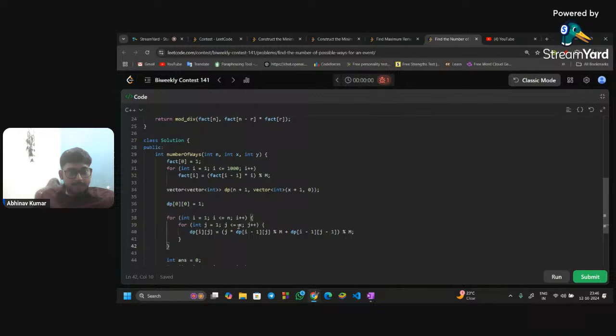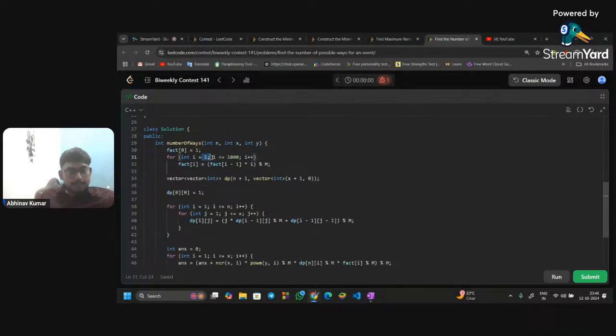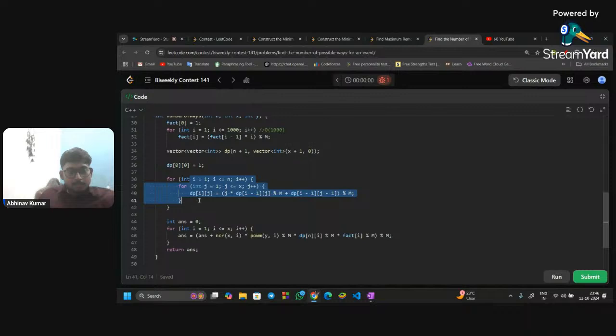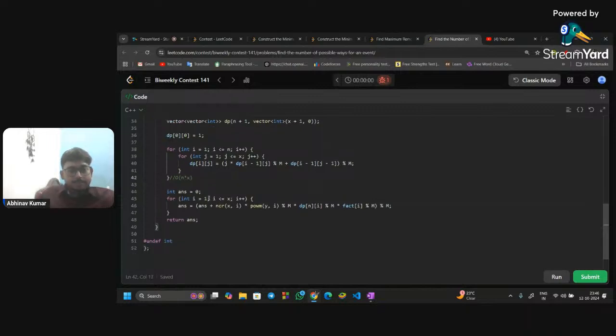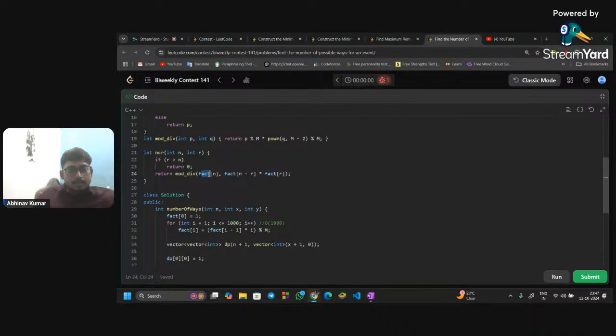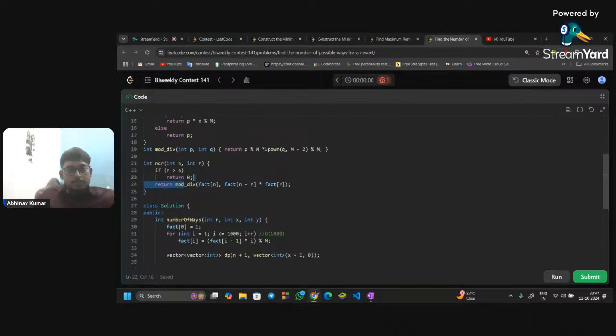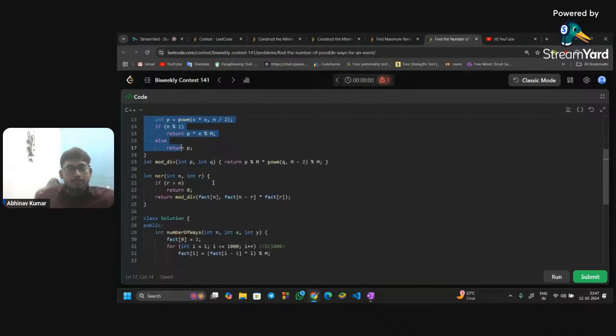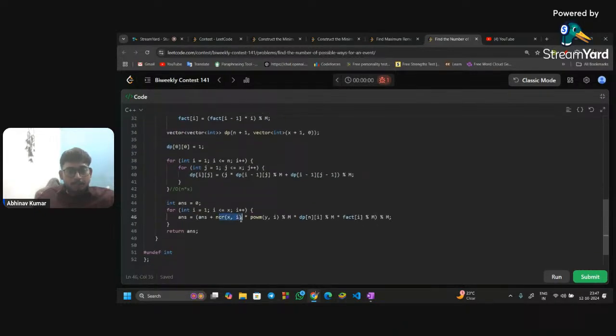Okay, so if you analyze the overall time complexity, the whole factorial pre-computation is taking an order of 1000 time. Then for the dp computation, we are running two loops, and inside that is an order of one thing, so that takes order of n into x time. Then nCr is pre-computed, but modulo division is using a powm function which takes log n time.